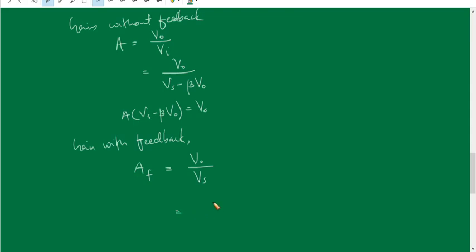From the expression, A times Vs minus A times beta Vo is equal to Vo.